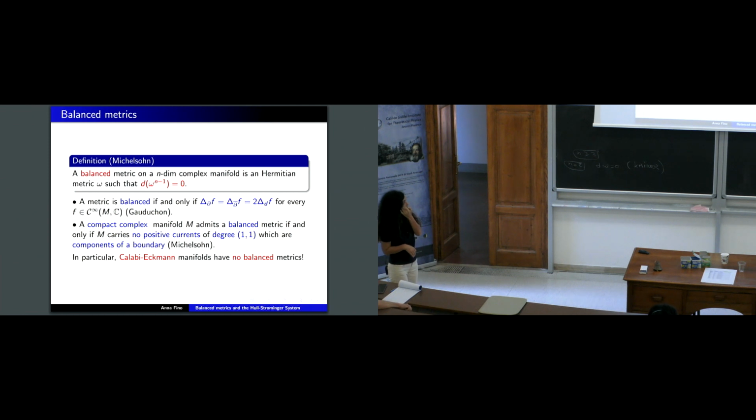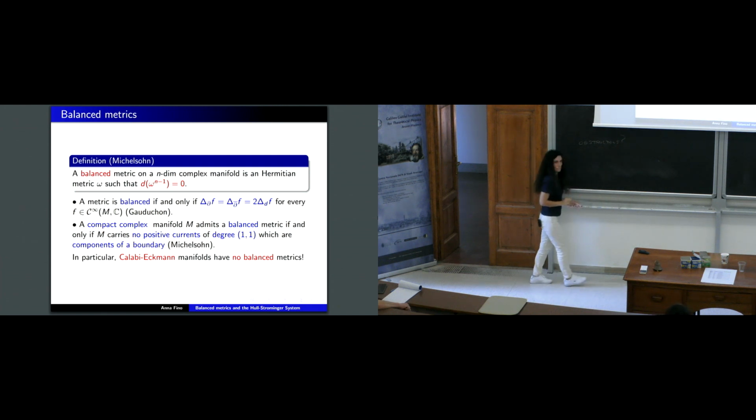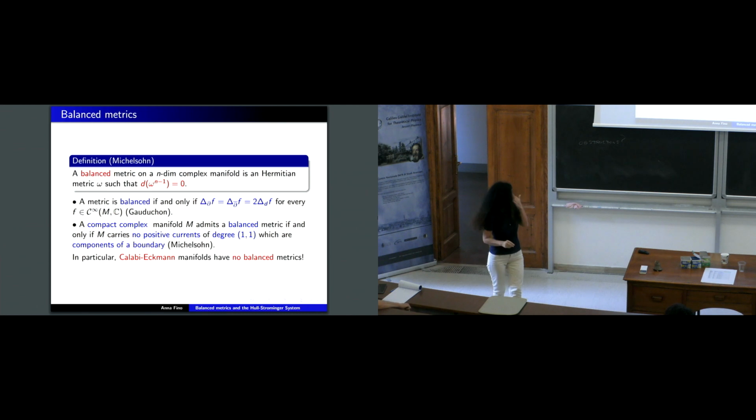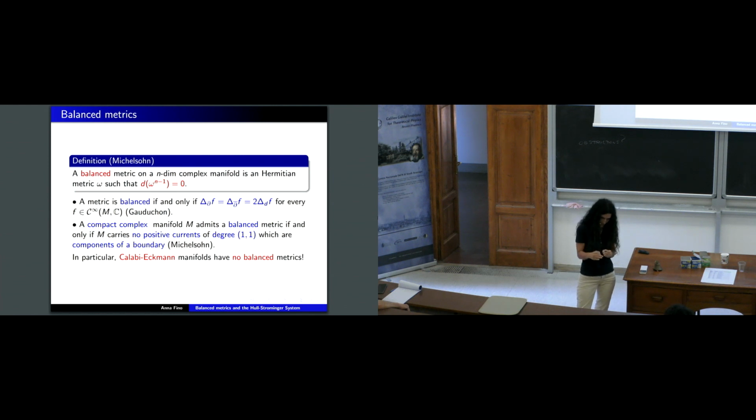But one thing that is nice is that there are not many obstructions. In general, there are not many obstructions for the existence of such a metric. One obstruction was found by Michelsohn: if you have a compact complex manifold with a balanced metric, then every compact complex submanifold of codimension 1 cannot be homologous to 0. That's the only known obstruction about the existence of such metrics.